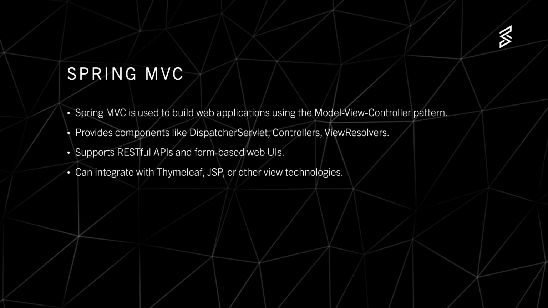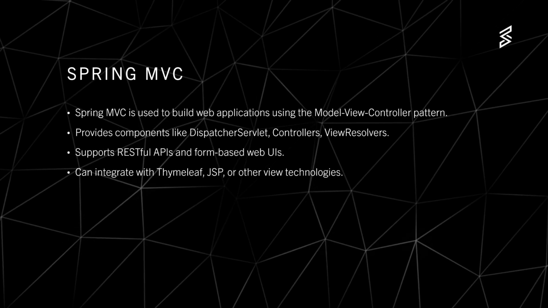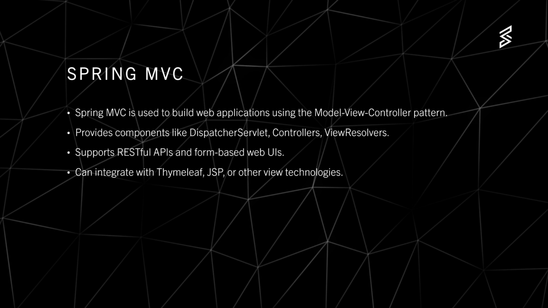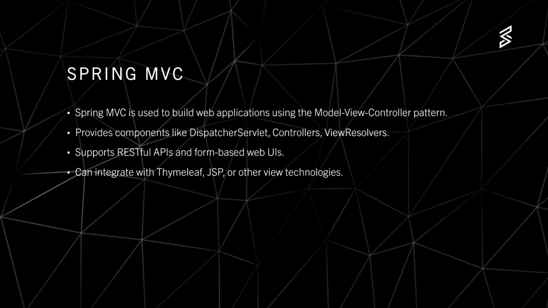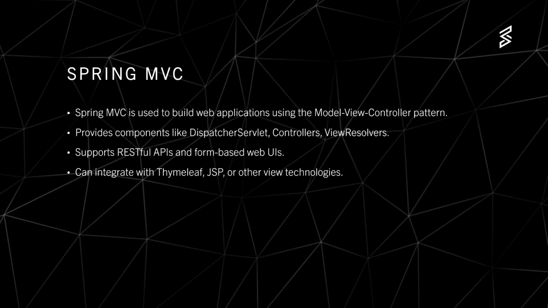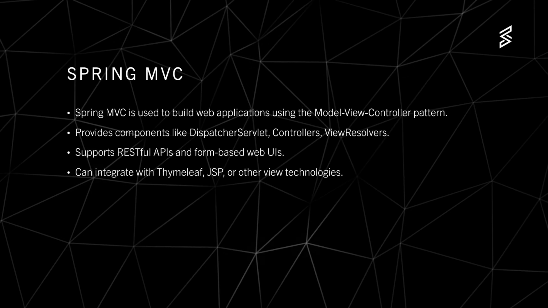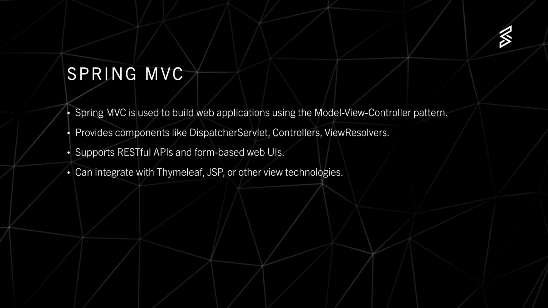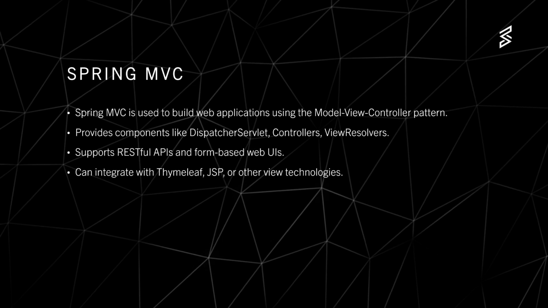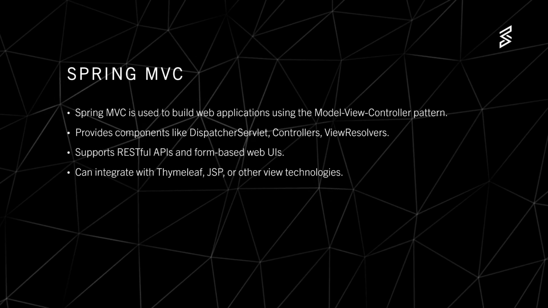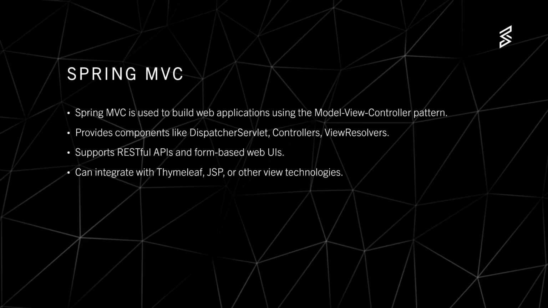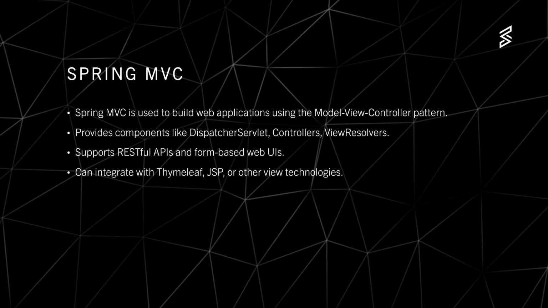Spring MVC. Spring MVC is Spring's solution for building web applications and RESTful APIs. It follows the model view controller pattern where the model represents the data, the view is the UI, and the controller handles incoming HTTP requests and sends back responses.